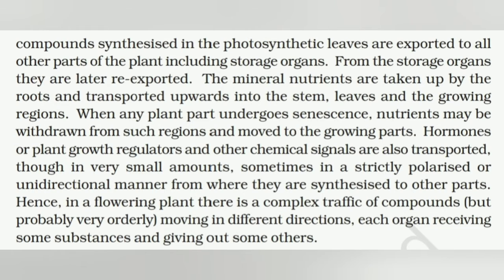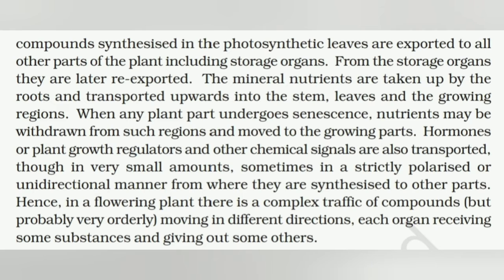Organic compounds synthesized in the photosynthetic leaves are exported to all other parts of the plant, including storage organs. From the storage organs, they are later re-exported, and the mineral nutrients are taken up by the roots and transported upwards to the stem, leaves, and growing region.